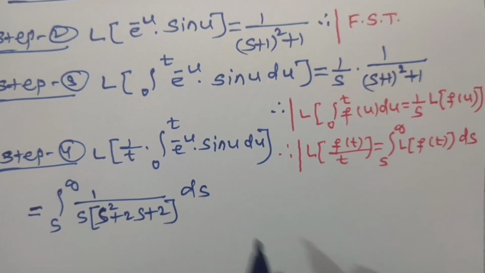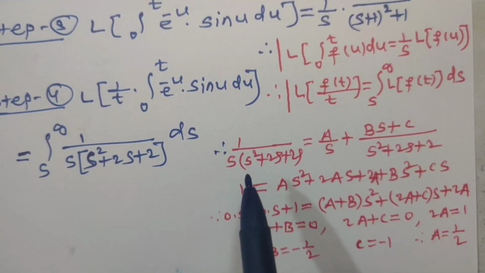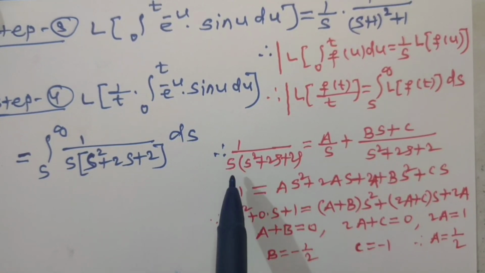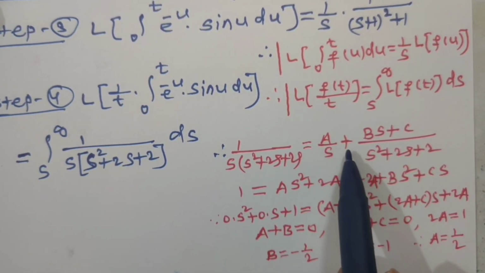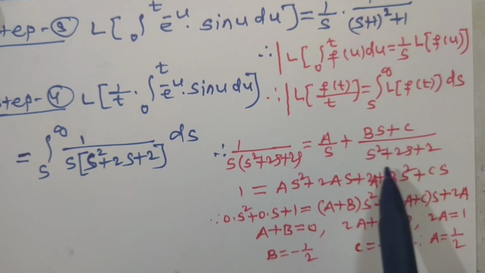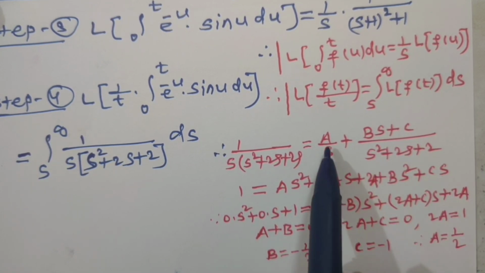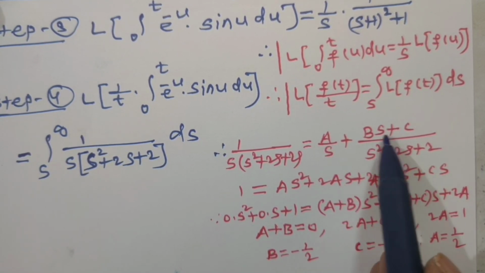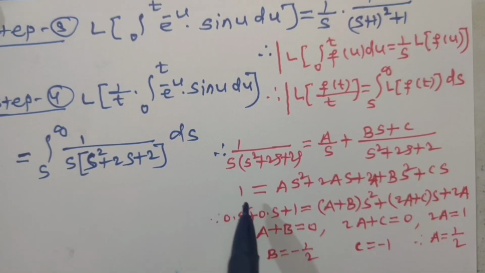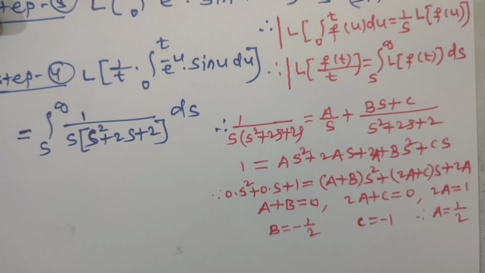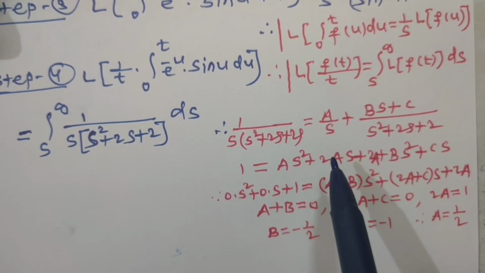So this can be written as, since we will apply the partial fraction method, 1 upon s into (s square plus 2s plus 2) can be written as A upon s plus (Bs plus C) upon (s square plus 2s plus 2). A into this quadratic factor plus (Bs plus C) into s, and on the left hand side 1 upon this one. So denominators are the same, hence numerators must be equal.